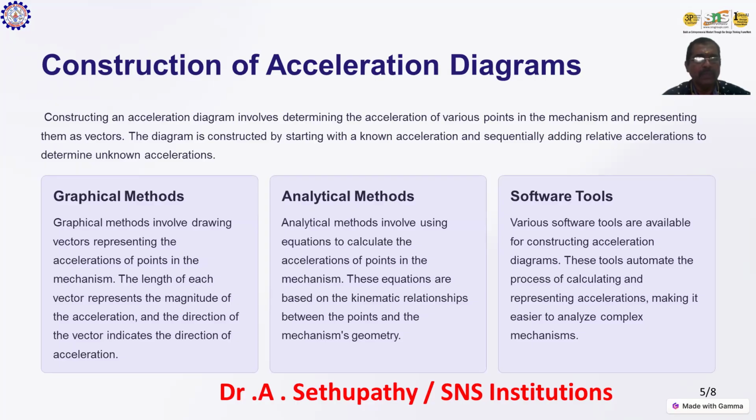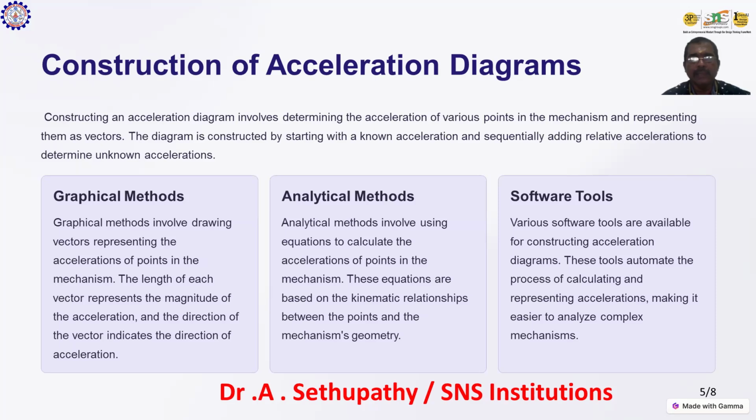The construction involves determining the acceleration of various points in the mechanism and representing them as vectors. This diagram is constructed by starting with a known acceleration and sequentially adding relative accelerations to determine unknown accelerations.